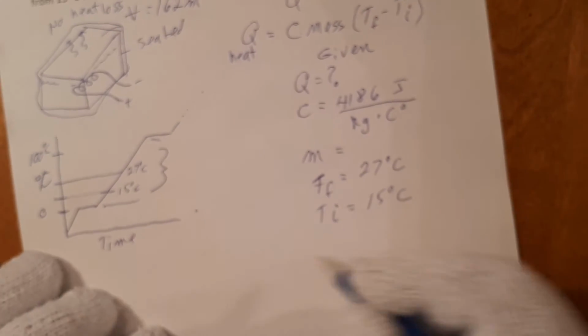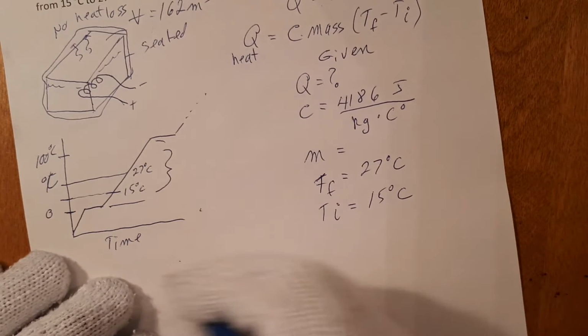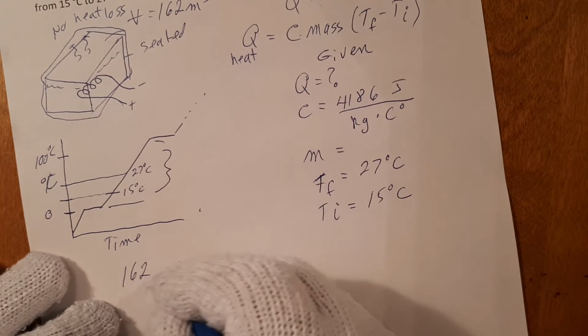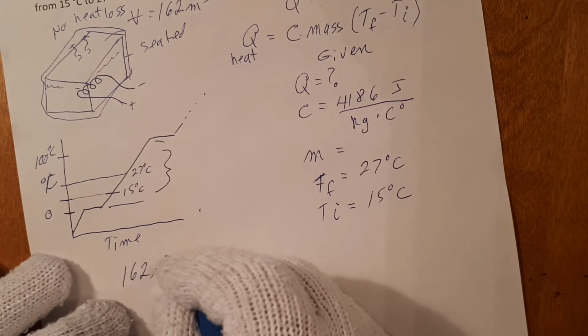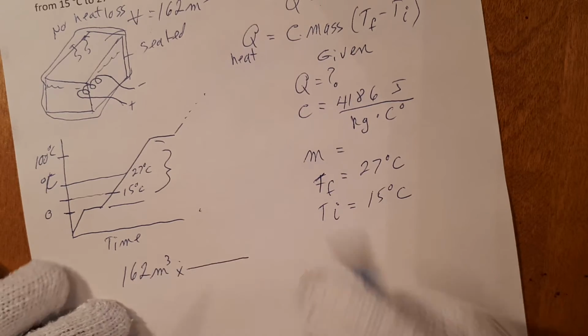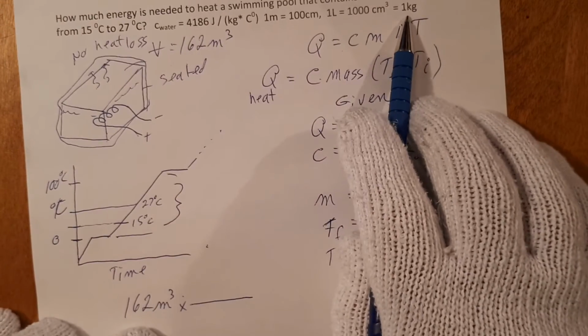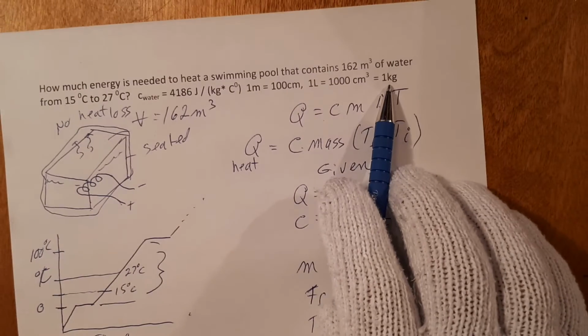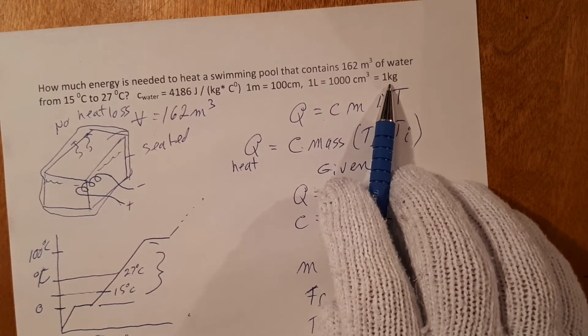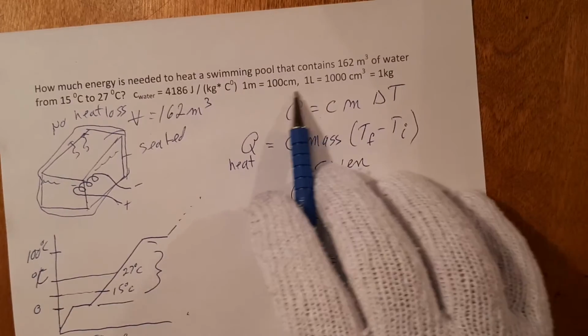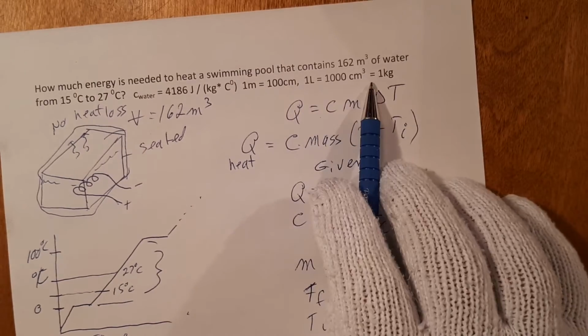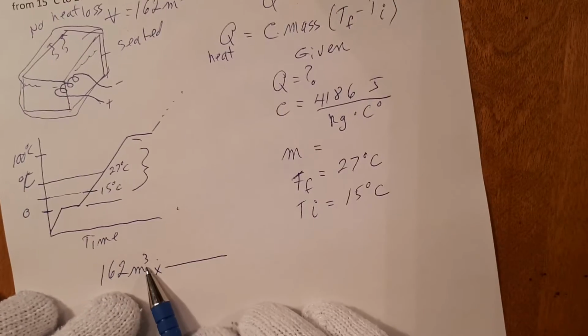So let's do that. Mass. We're going to change 162 cubic meters into kilograms. And here is kilograms. And we have some conversion factors. So let's change cubic meters into cubic centimeters.